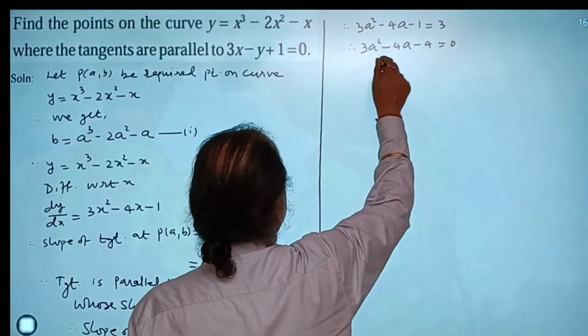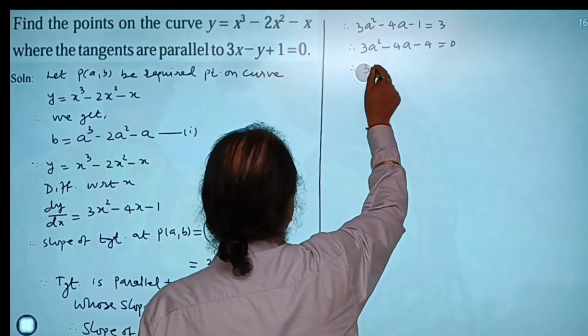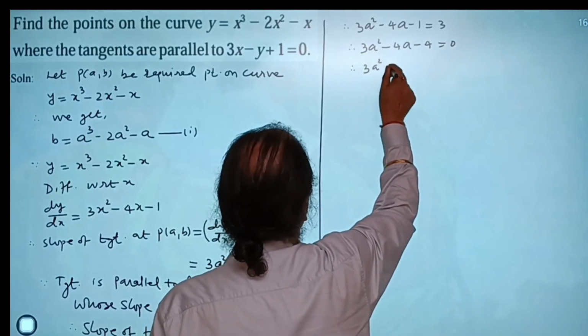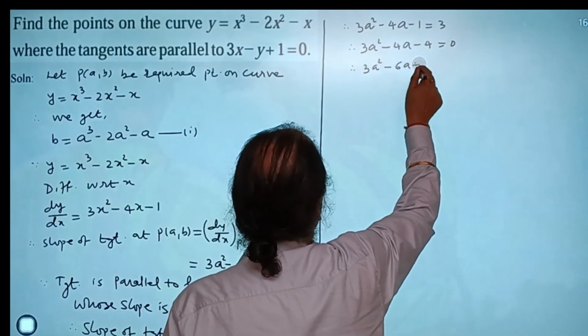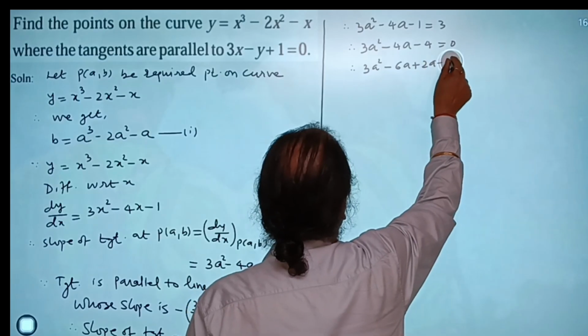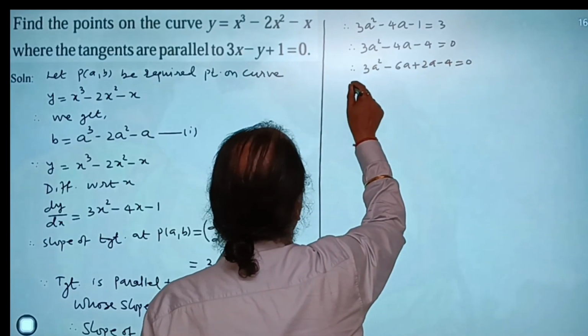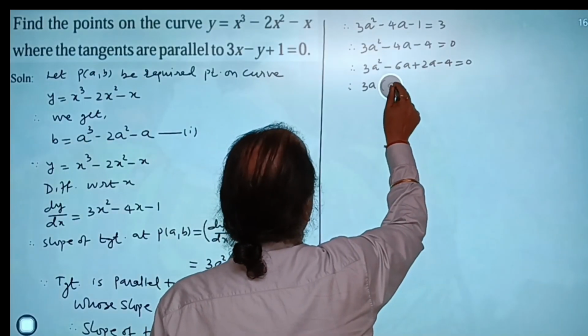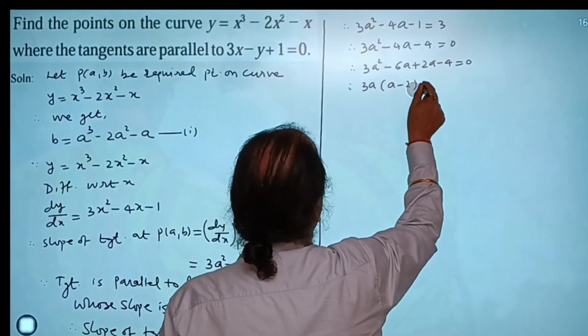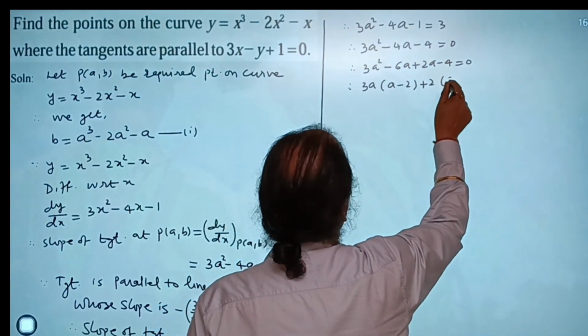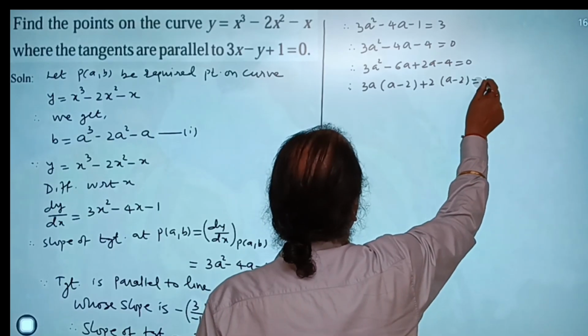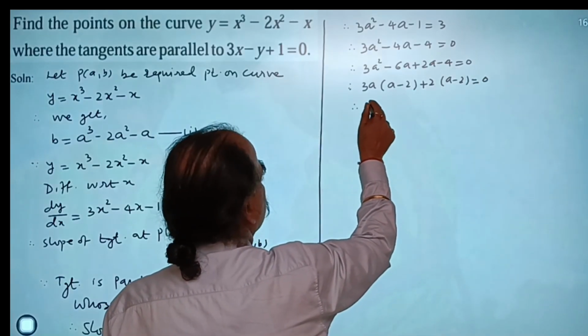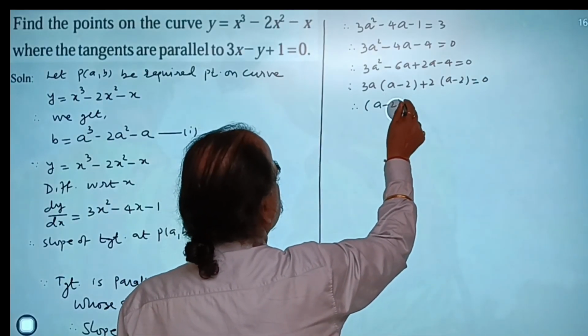4 3s are 12, 6 2s are 12. So 3a square minus 6a plus 2a minus 4 is equal to 0. 3a common, a minus 2, plus 2 common, a minus 2 is equal to 0. So a minus 2 common.